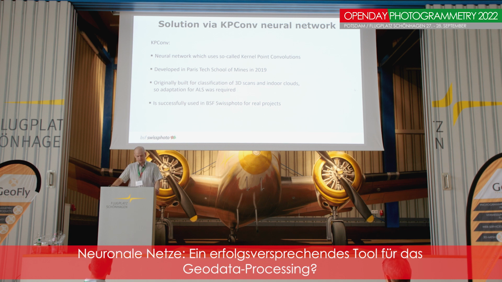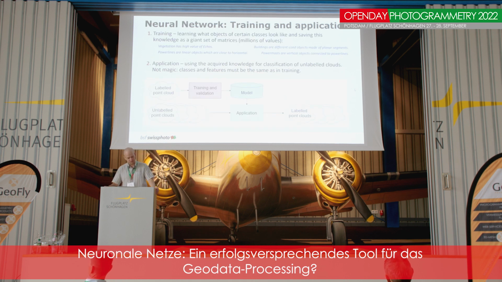Originally, KP-conv was built for classification of 3D scans and indoor clouds, so adaptation for ALS was required. Now it's successfully used in BSF Swiss Photo for real projects and gives awesome results.